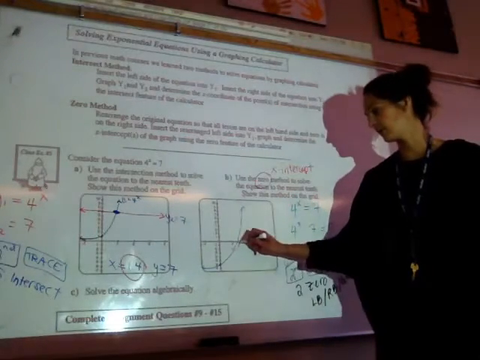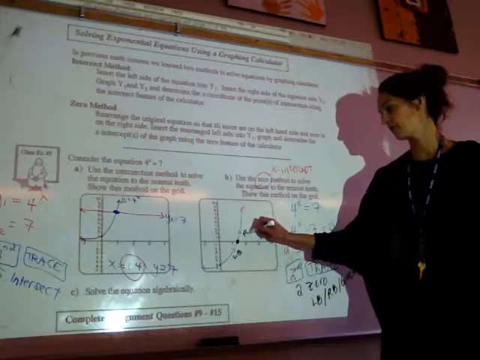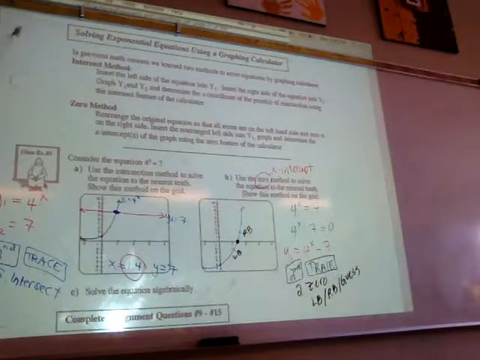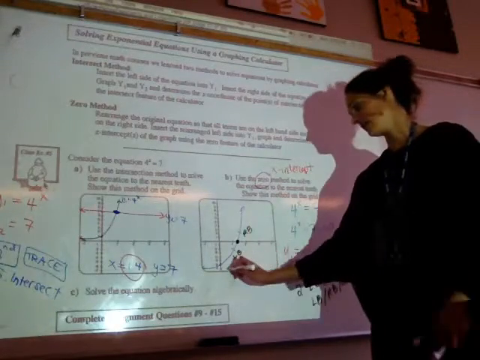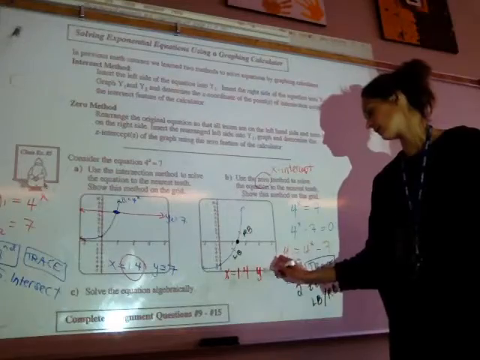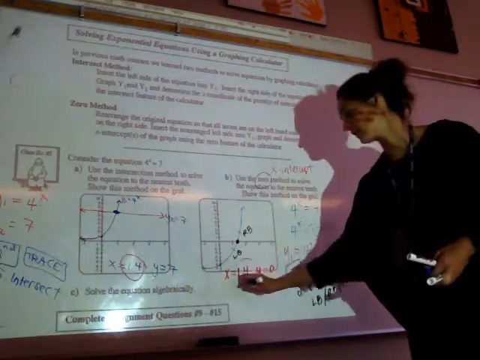So left bound of this x-intercept will be below the x-axis, right bound will be above, and then guess will be somewhere in between. And when you go through those 3 steps, you should get x is equal to 1.4 and y equals 0. We're only concerned with the x value. That's what we're trying to solve for.